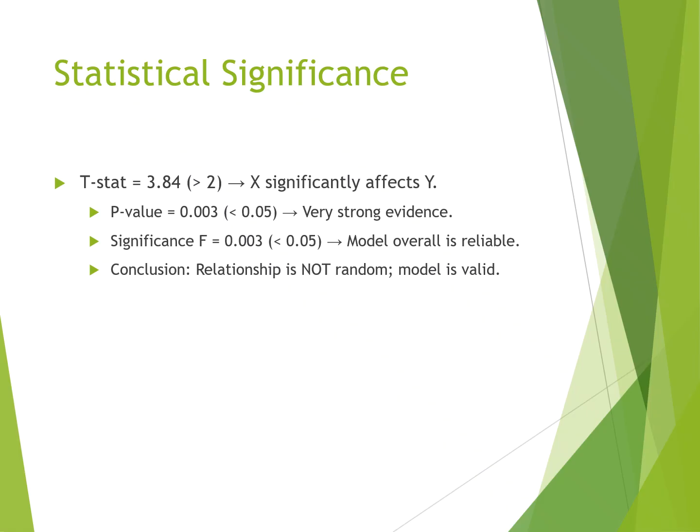P-value is 0.003, which is well below 0.05, so very strong evidence. Significance F is 0.003, also below 0.05, meaning the entire regression model is statistically significant. So this model is not random, it is reliable.